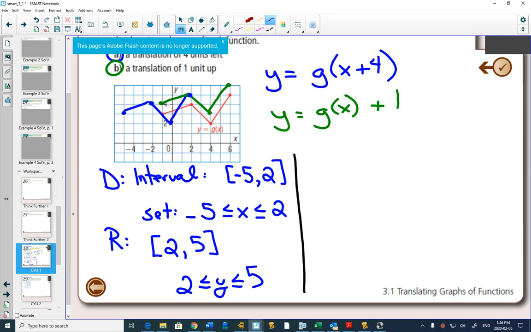And then for our green graph, our smallest x value in interval notation is -1. And our largest x value is +6.